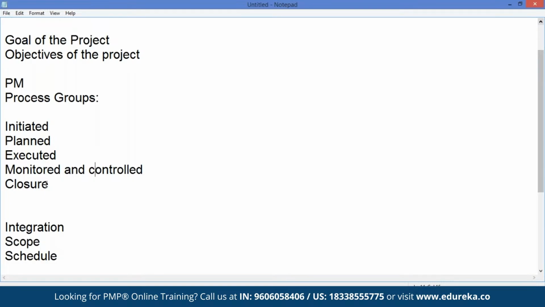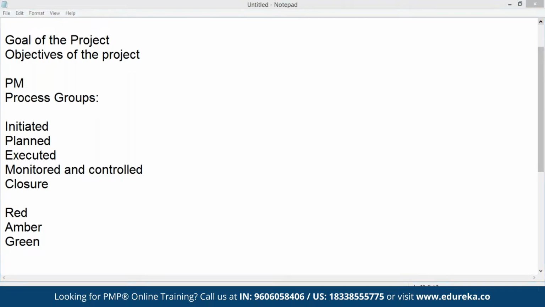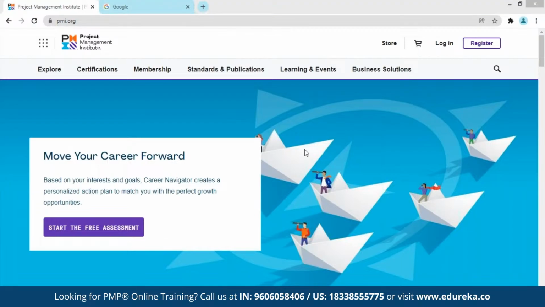When we talk about the overall health of the project, we talk about three status transitions. Is the overall health of the project red, amber, or green, right? So this is going to define the overall health of the project. If you look at any status report, okay, I believe you're all practicing project managers, right?